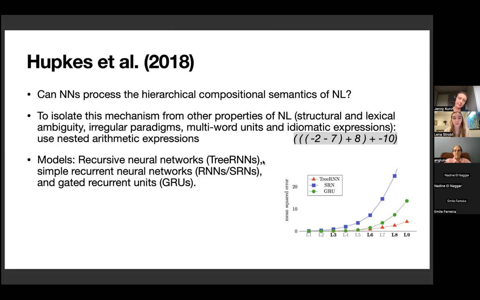And they looked at this with three different architectures, with recursive neural networks, which can do this nested structure quite by default, and then simple recurrent neural networks as proposed by Elman, and gated recurrent units.